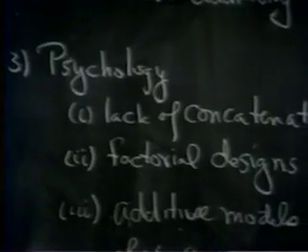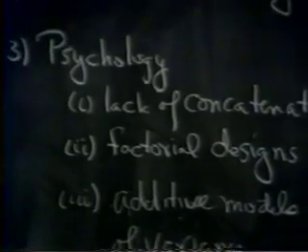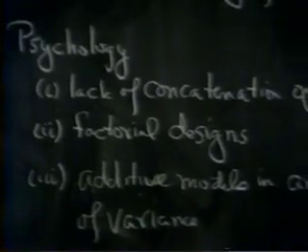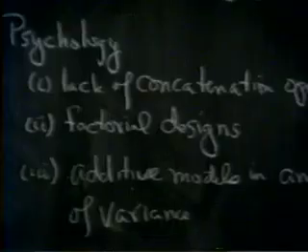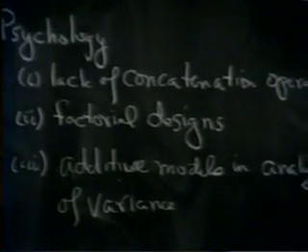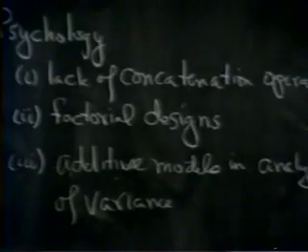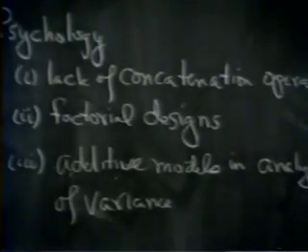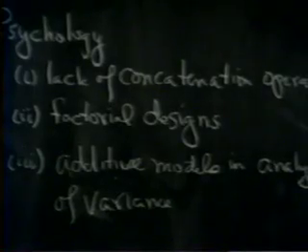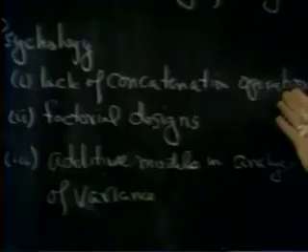One very important one is that by and large in psychology we have been unable to find concatenation operations that would permit us to develop scales of measurement in a fashion analogous to physics. There are two kinds of problems about concatenation operations.